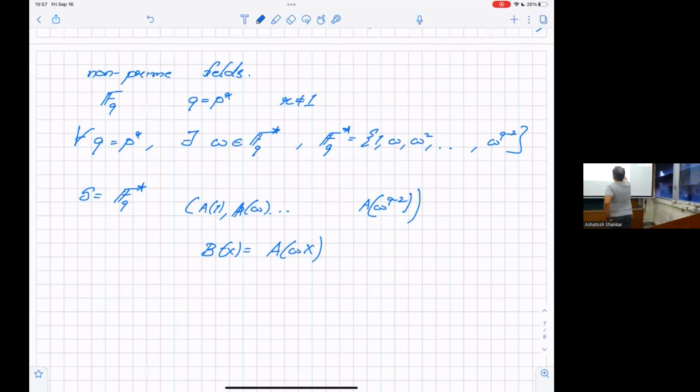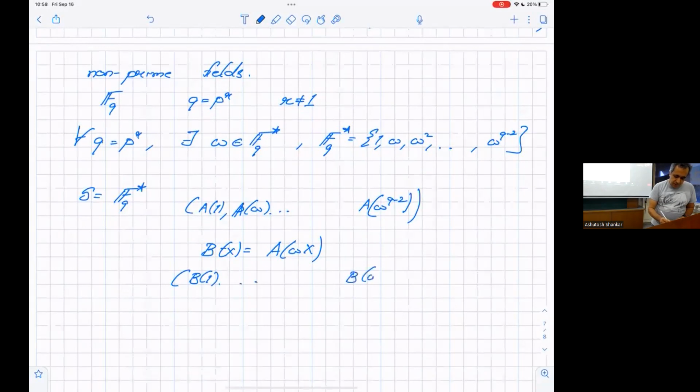So when the old EE books talk about Reed-Solomon, they talk about S being F_Q star, because they care about cyclic codes, and this is exactly the reason why. What I want to say is that B of omega to the Q minus 2 is exactly A of omega to the Q minus 3.